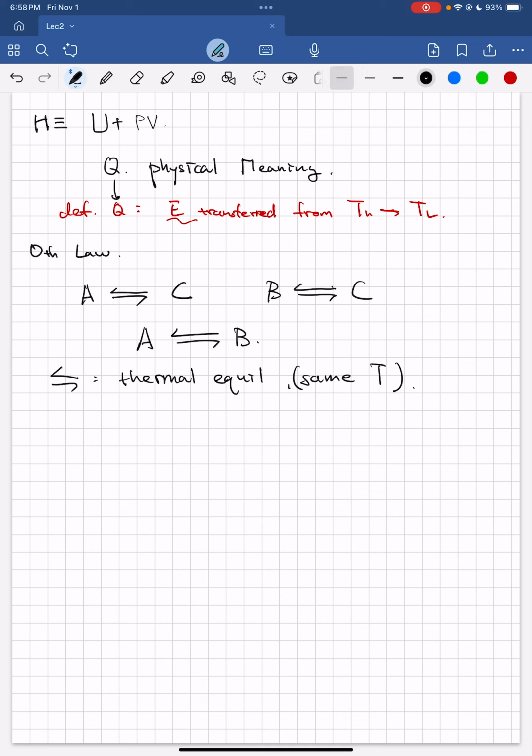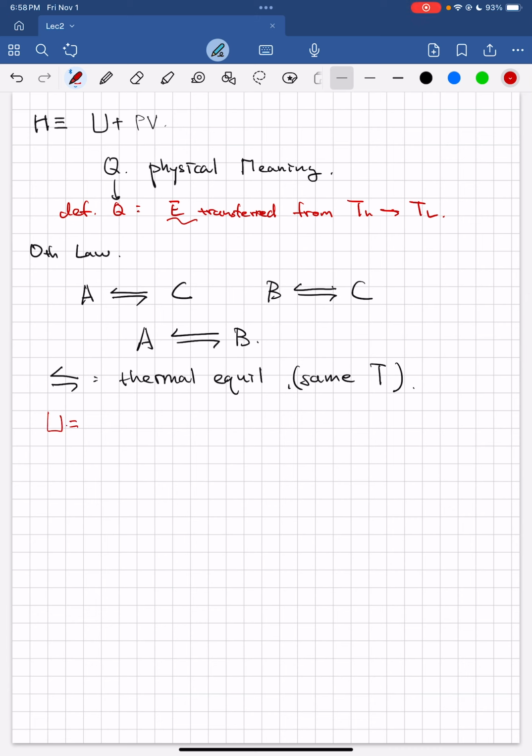So when you think about Q, there is this kind of physical meaning, but you still can't manipulate it because it's a path function. So we need to think about another way to express heat in a state function way for mathematical convenience. Okay? And back to the first law.